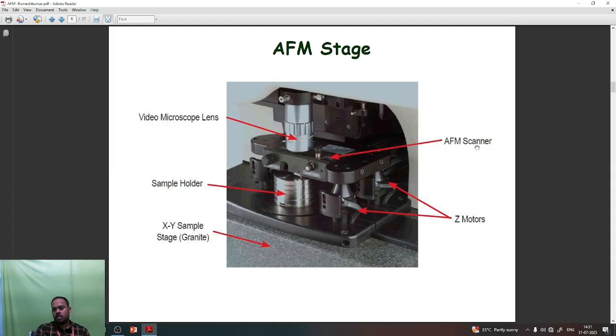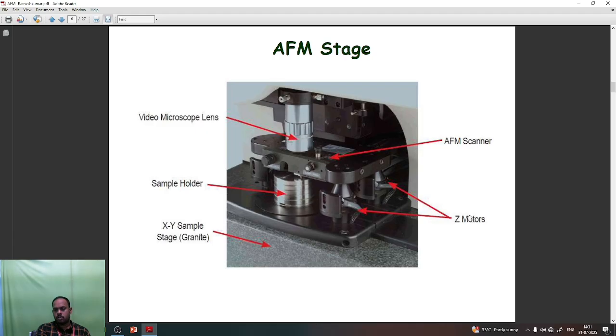The AFM scanner, the piezoelectric scanners, which move the probe tip over the sample surface to raster the probe on the sample surface, and the sample holder. There will be a double-sided tape, and we have to fix the sample there. We will see the operation in detail in the forthcoming slides.